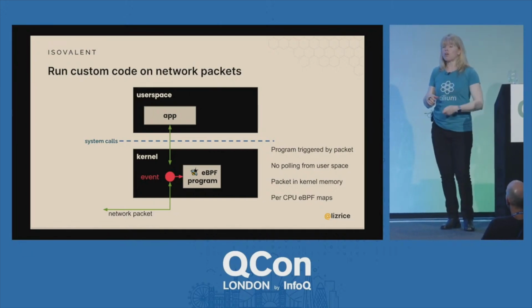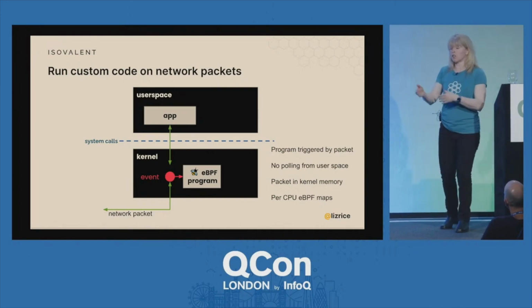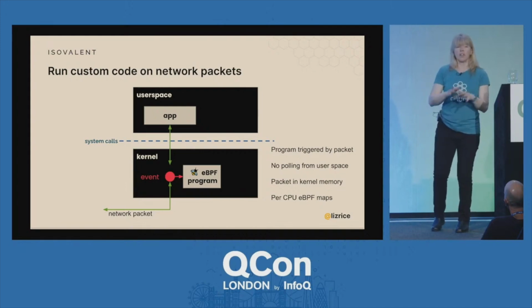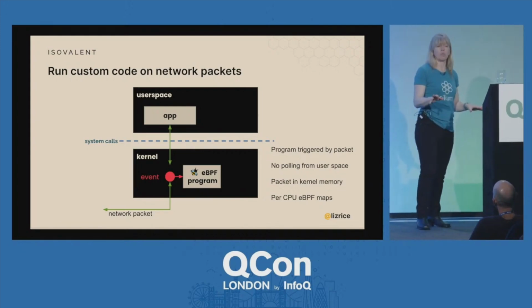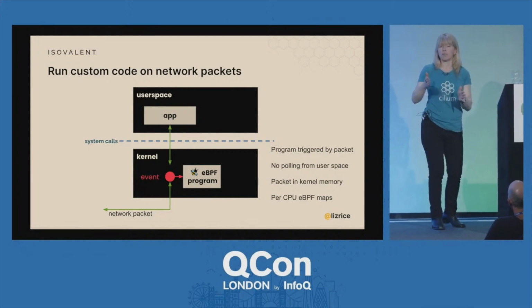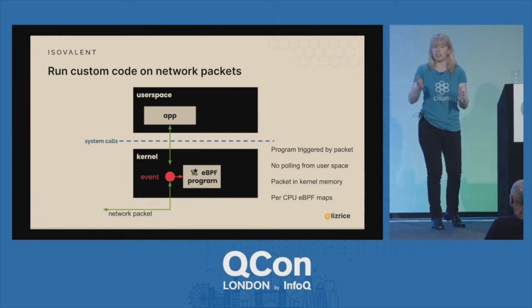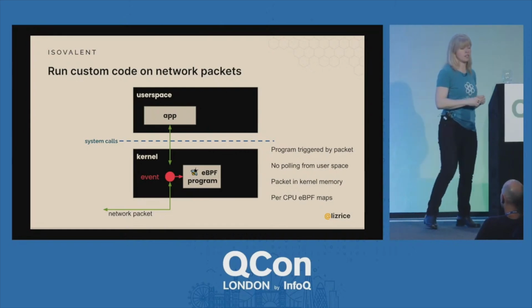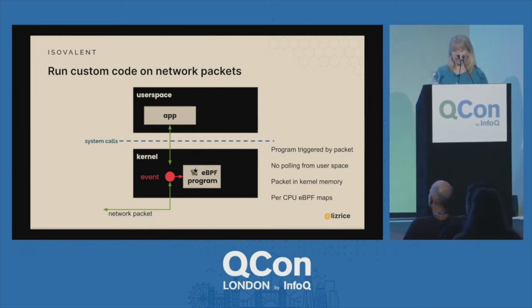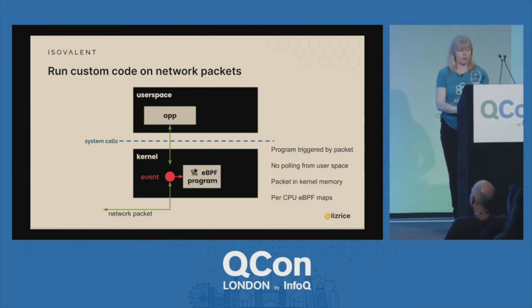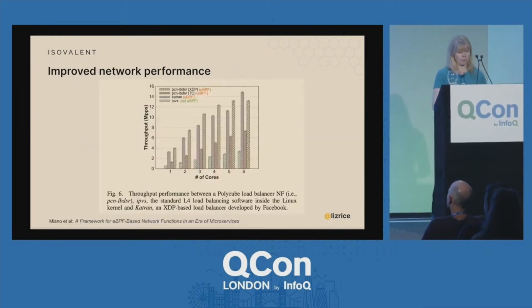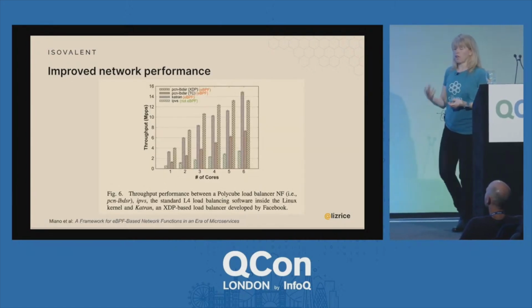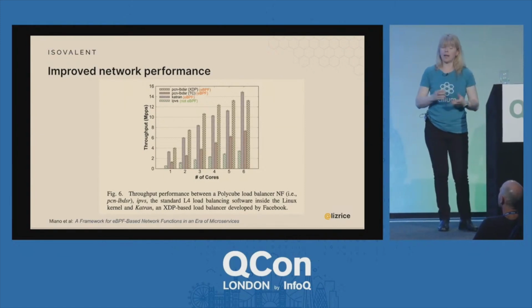So if you've got a core executing machine code instructions and it has access to one of these per CPU maps, you haven't got any locking to worry about, because nothing else can get in the way and access this per CPU eBPF map. So this can be super efficient for network processing. And in fact, there are lots and lots of examples of eBPF-based load balancers, for example.